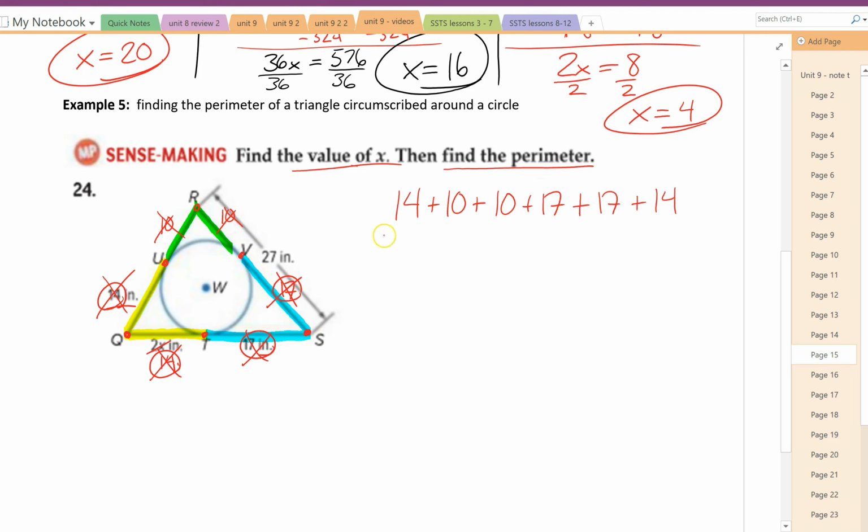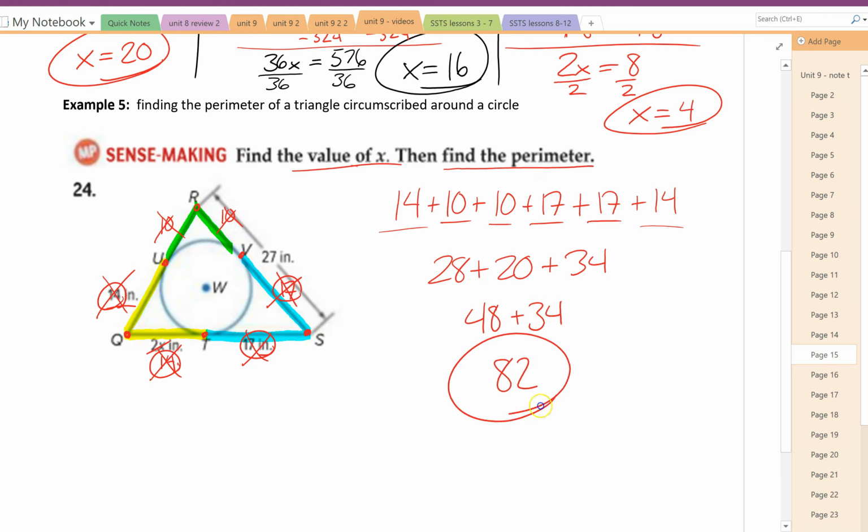So 14 and 14 is 28. 10 and 10 is 20. 17 and 17 is 34. 28 and 20 is 48. 48 and 34 is 82. So the perimeter of this triangle would be 82 units.